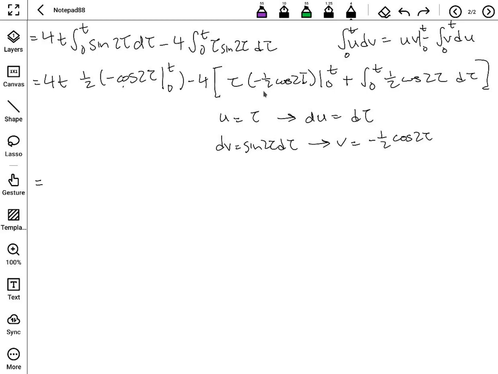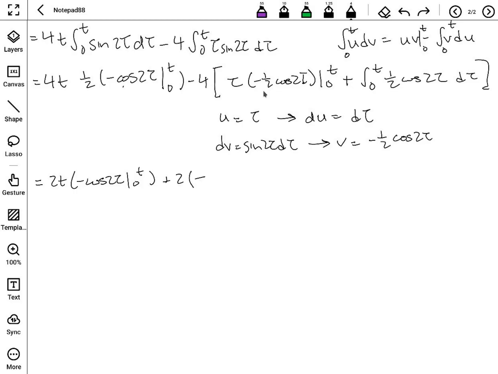So I've got minus 4 out front. Okay, I'll move it in. So that minus 4 times minus 1/2 is actually going to become positive 2.